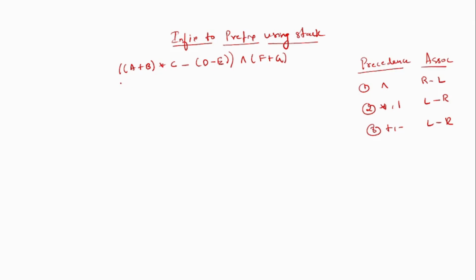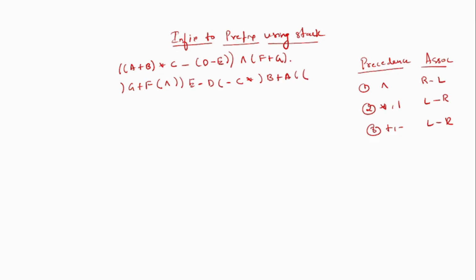So I'll say here, open bracket, so close bracket, G plus F open to the power, right? I'll say close, close, E minus D open minus C star close B plus A open open.